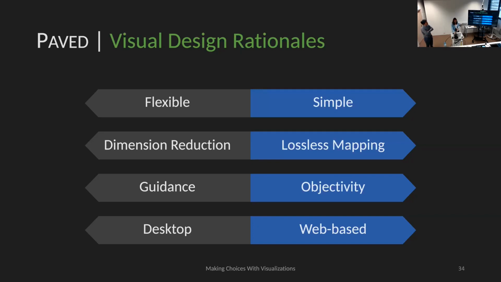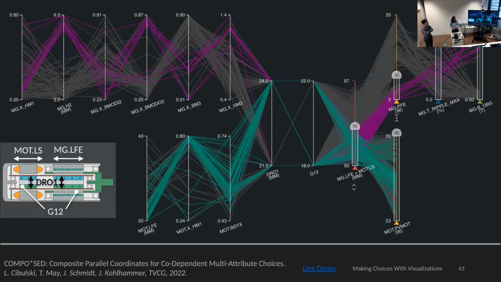For PAVED, we only had single analysts in our evaluation case studies, but for Composed, we actually had a pair of analysts, of domain experts, try out the tool and also talk to each other. And it was really interesting.